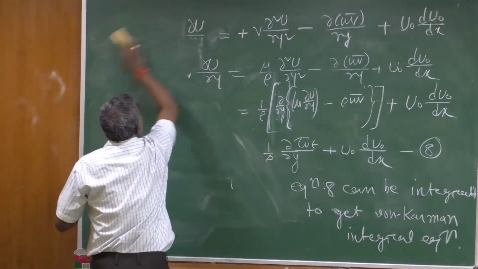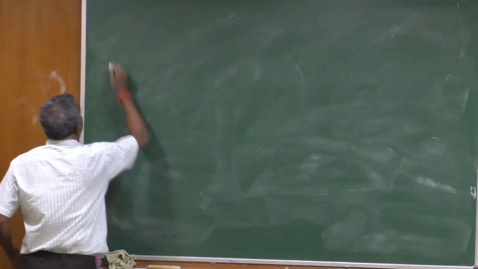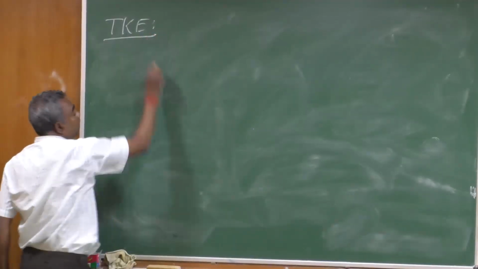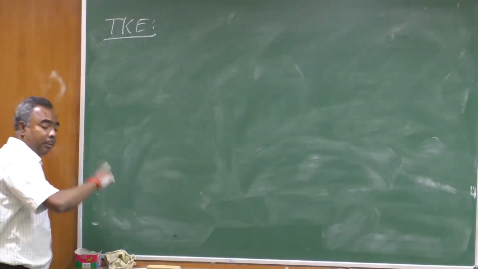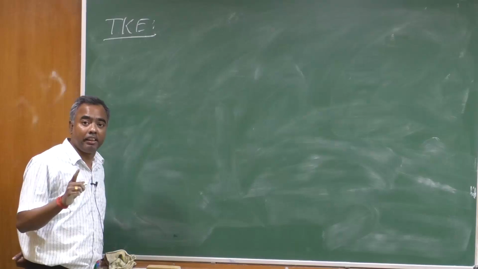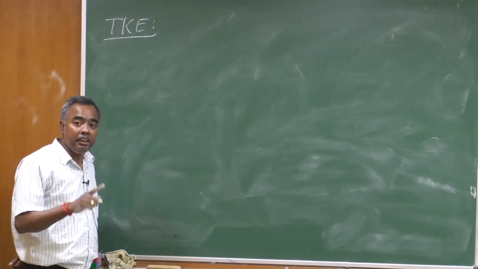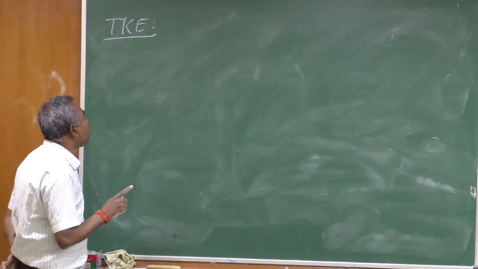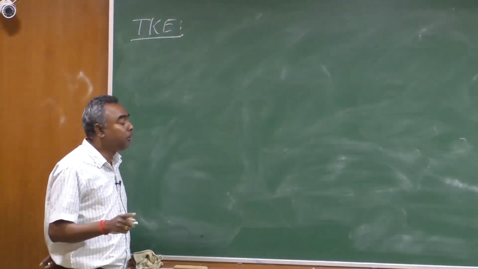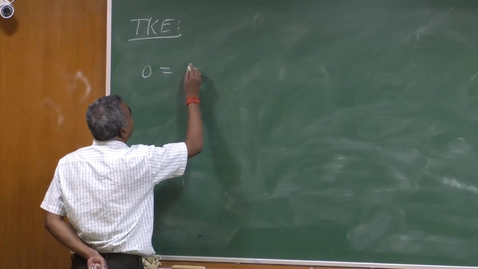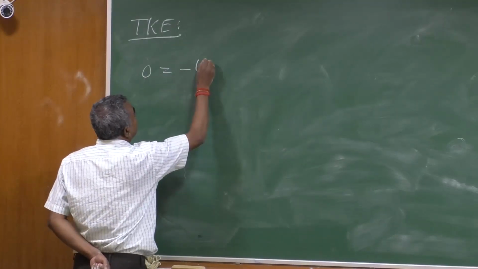So, the turbulent kinetic energy equation, TKE, for the case of the turbulent boundary layer. If you use the general turbulent kinetic energy equation which we derived, and then use the approximation for the boundary layer, we will be able to come to this particular equation. Okay. So, let me write this.